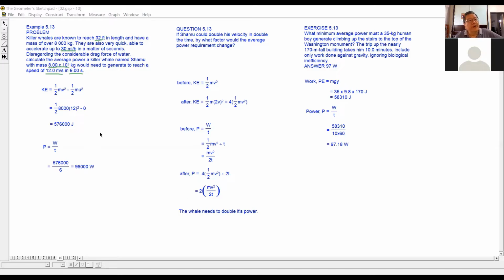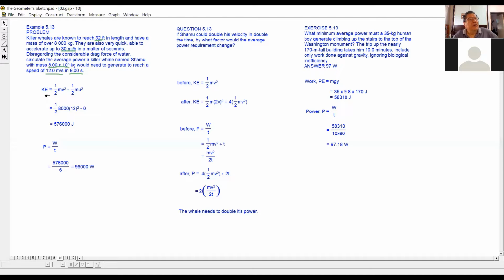So if you want to calculate the power this time, we are not going to use the force multiplied with the velocity. We are going to use the work done divided by the time taken. So this is the formula we are going to use for calculating the power.